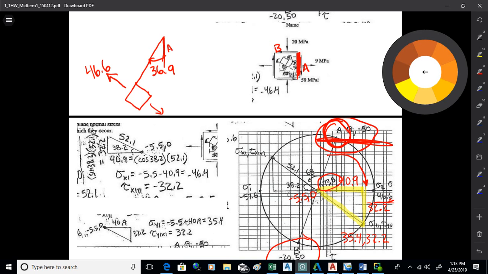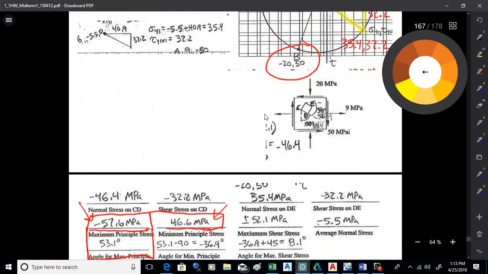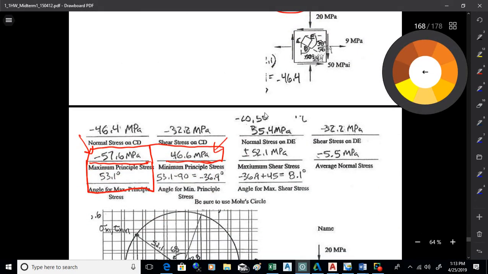Now, once you've got one, you don't need to do anything else off the circle. Because if you add 90 to that angle, you'll be on this plane now, okay? Once you get one of the angles off the circle, you don't have to use the circle anymore. Because if you're on one principal normal stress plane, add 90 and you'll get to the other. So that was negative 36.9.